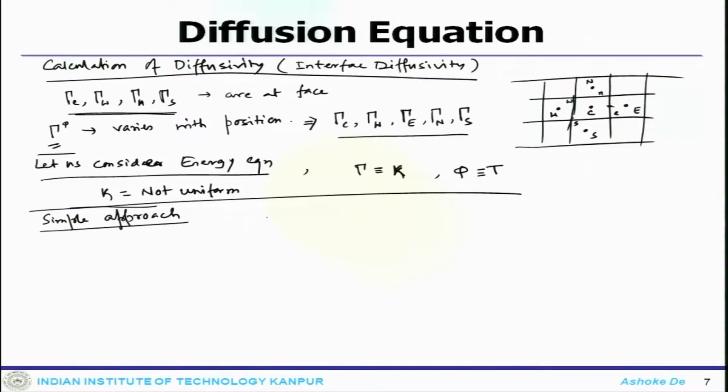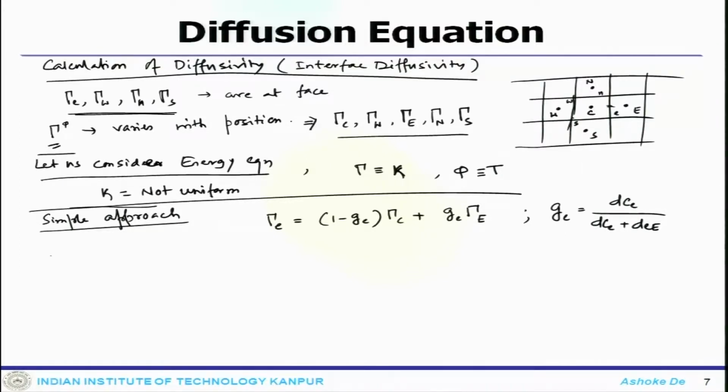Let us say gamma at interface E is a contribution of gamma C plus G E gamma E. If gamma C and gamma E are equivalent, then there will be equal contribution, where the interpolation factor G E could be calculated from the distances between the centroids of C and E, which could be written as d C E divided by d C E plus d E E.